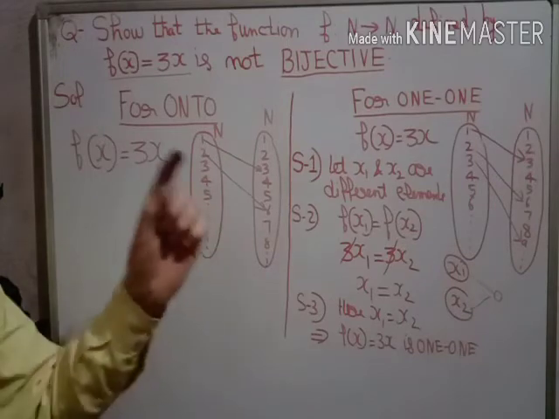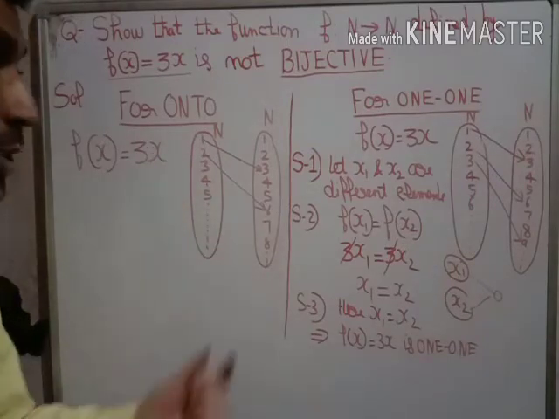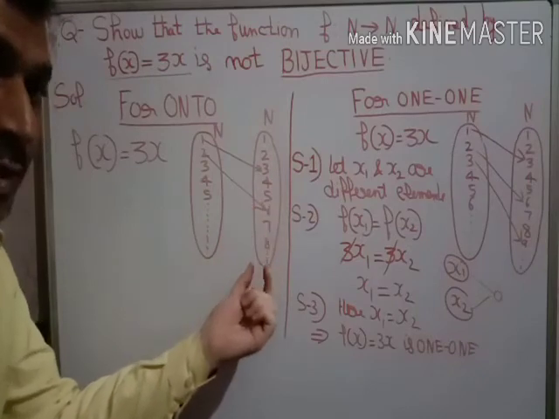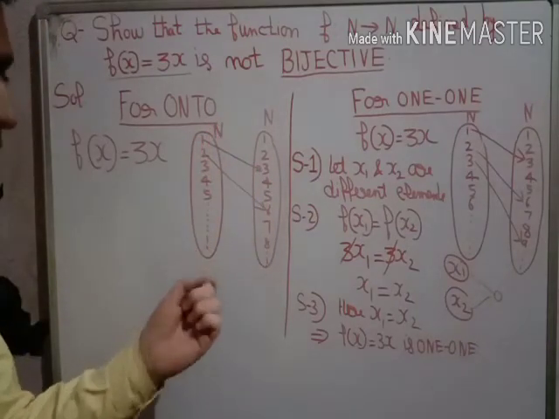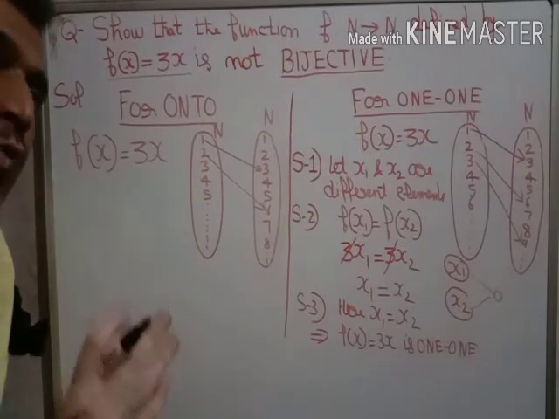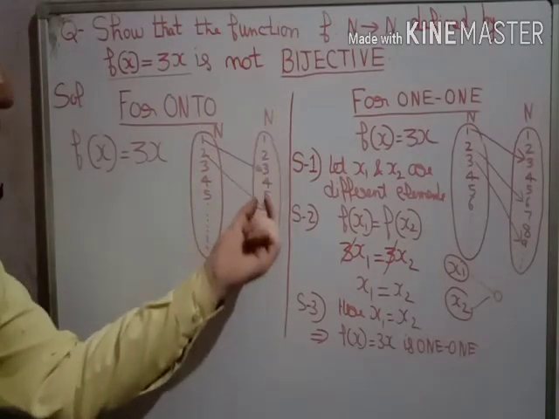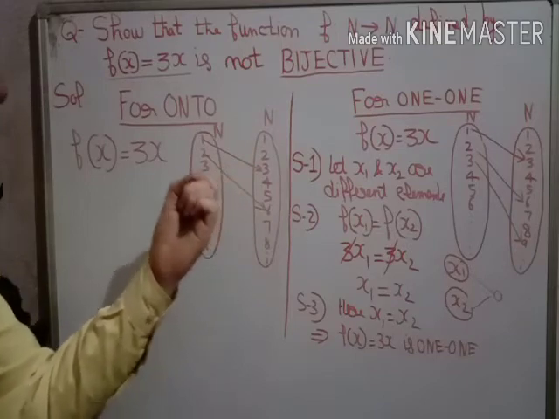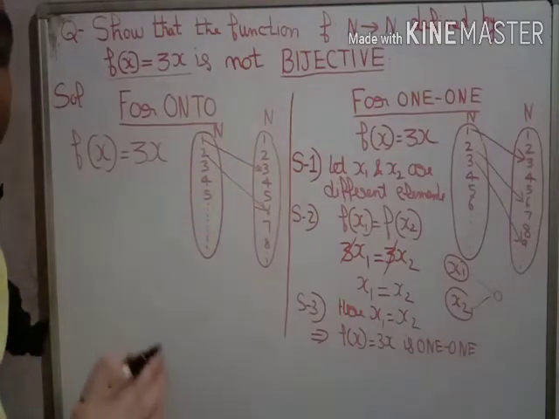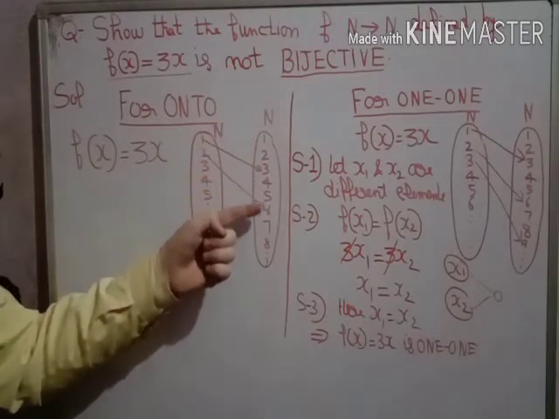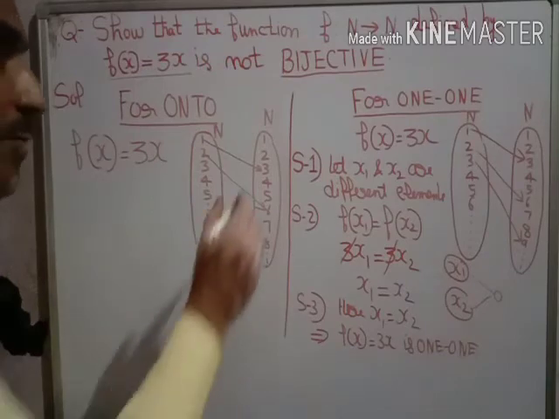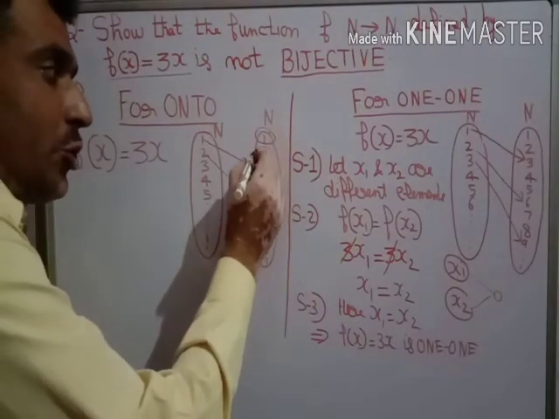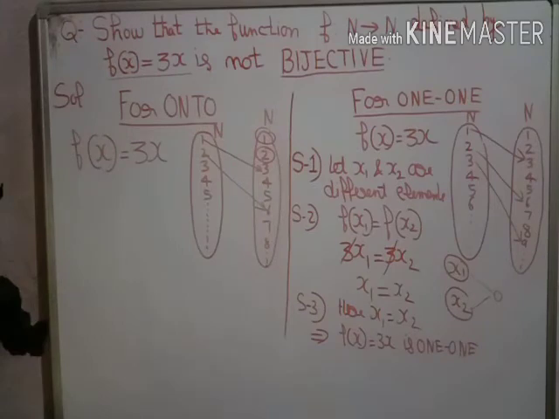Once again, that function is called onto if each element in the codomain will be the image of some element in the domain. You see, there are many elements left which could not become the image of anything. 1 element is left, 2 is left, or many more are left.